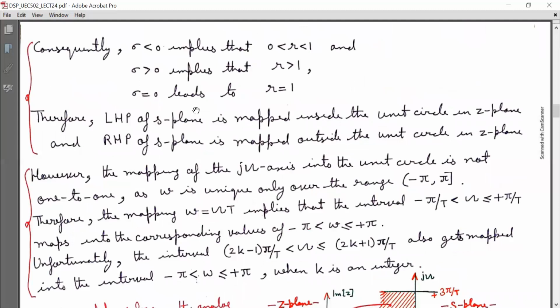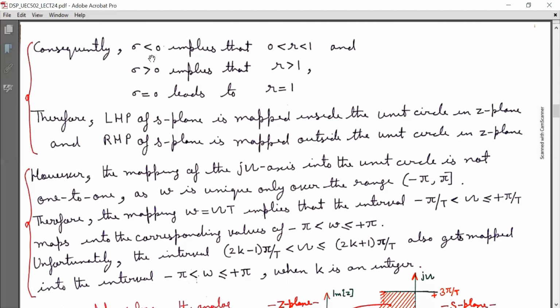Now consequently, if sigma is less than 0, then r is lying between the range 0 to 1. And if sigma is greater than 0, then r is greater than 1. And when sigma is equal to 0, then r is equal to 1. Therefore, LHP of S plane is mapped inside the unit circle in Z plane.